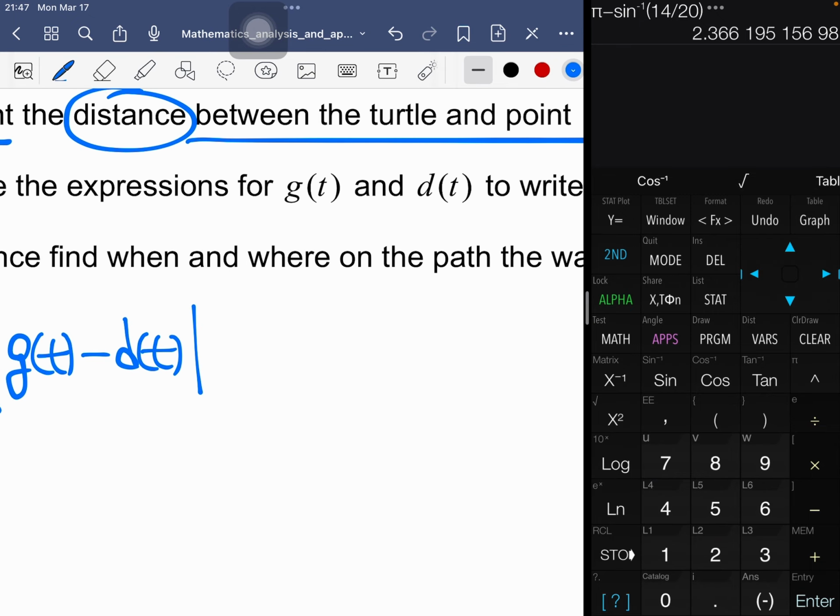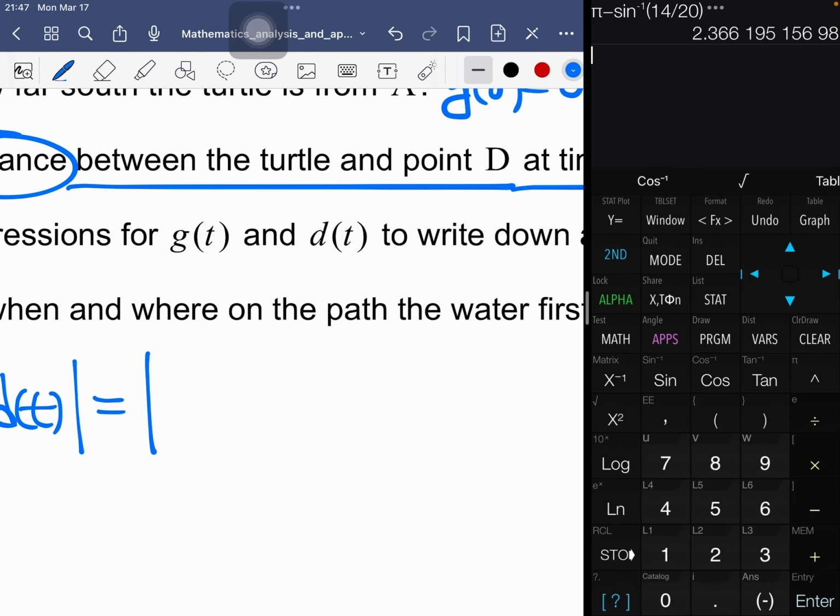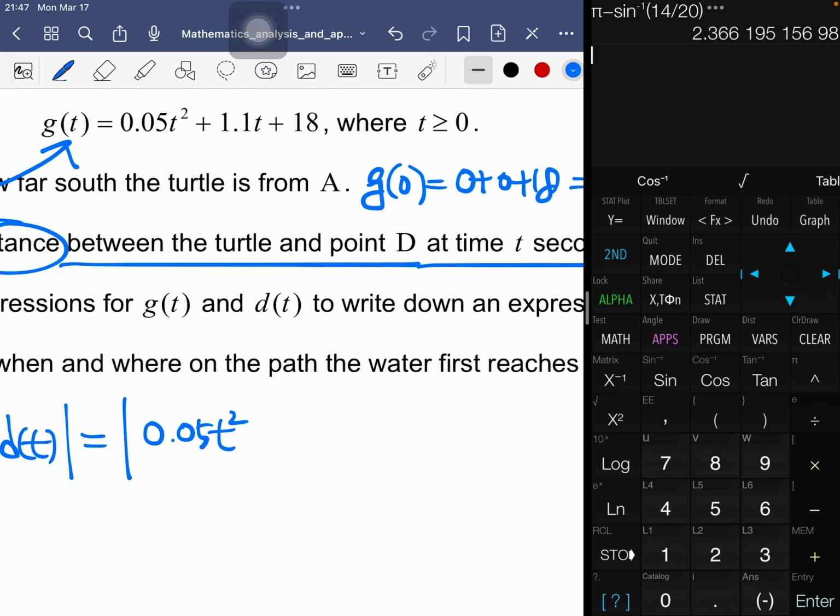So it's going to be the absolute value of g(t), which is 0.05 t squared plus 1.1 t plus 18, minus d(t).